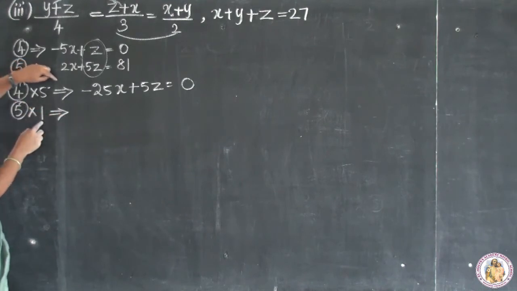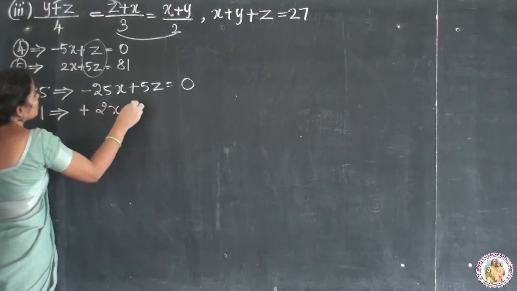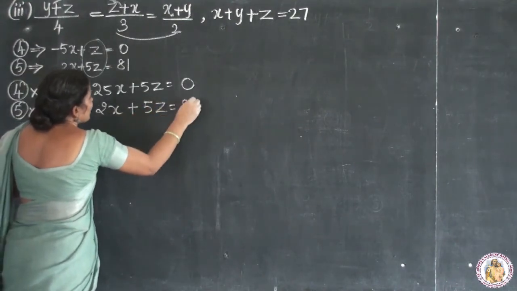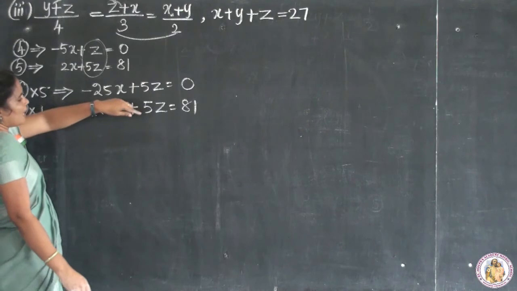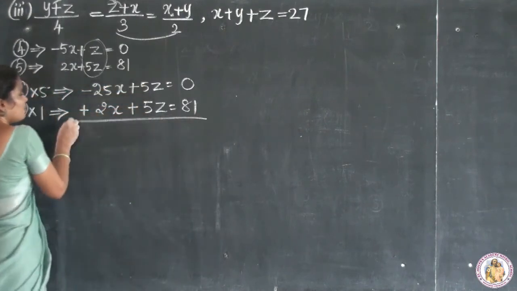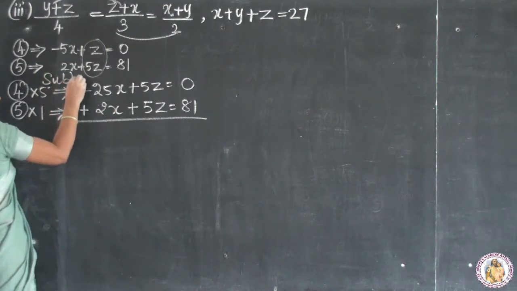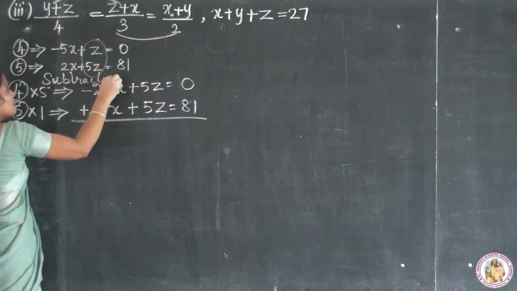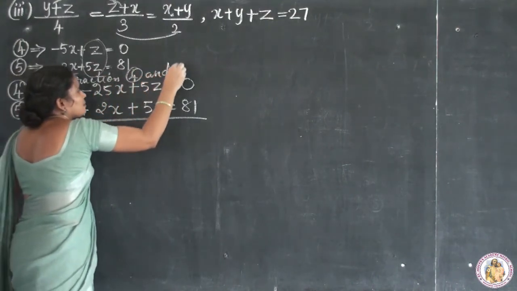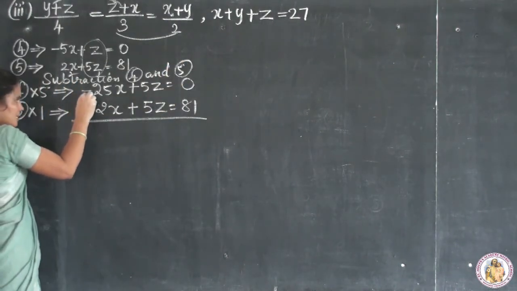Fifth equation into 1, plus 2x plus 5z is equal to 81. Now we have made this variable even, then also if you do subtraction alone we can cancel. So write subtraction, subtracting fourth and fifth equation. For subtraction, nothing else, we have to change the sign.